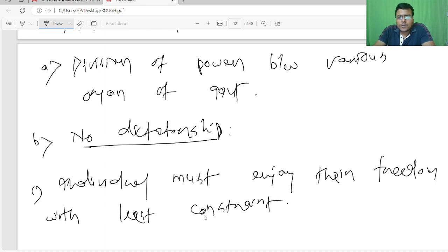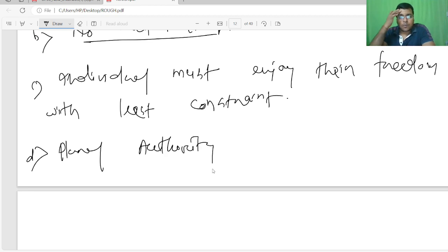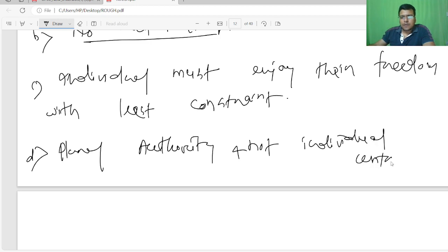Plurality of authority, authority with multiple people, and not individual centric. This is according to K.C. Wheare.